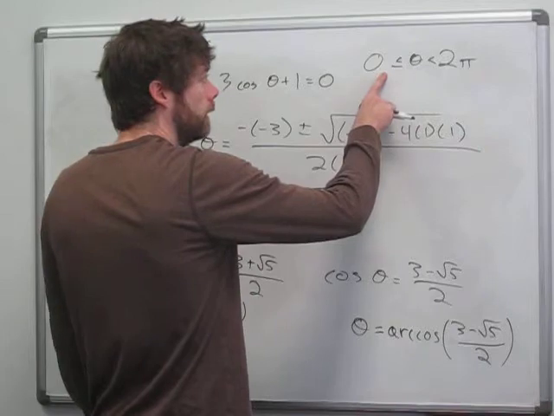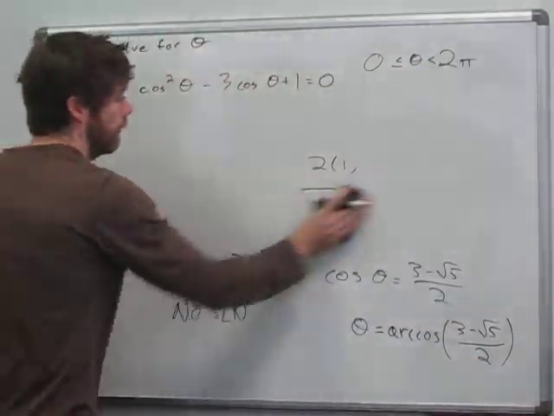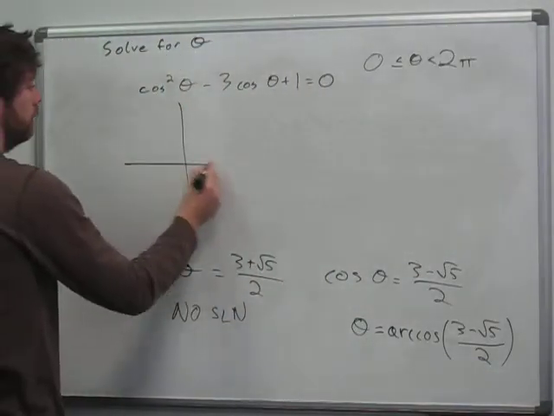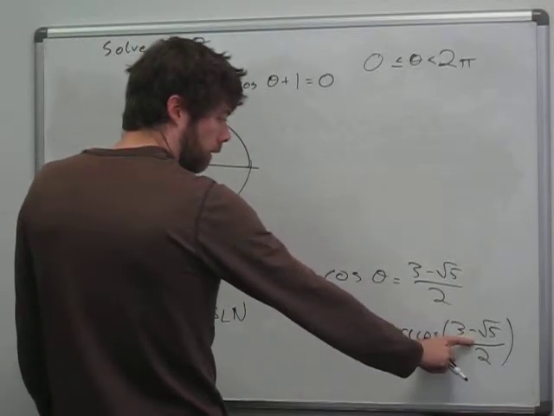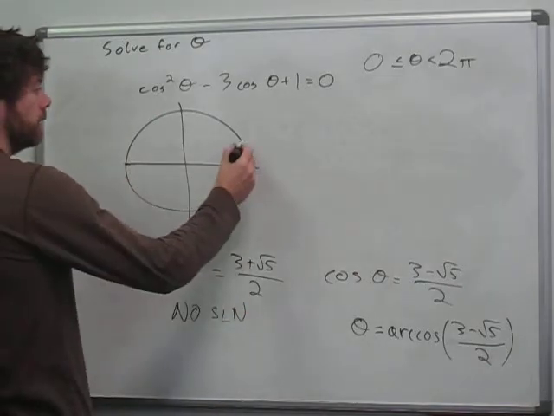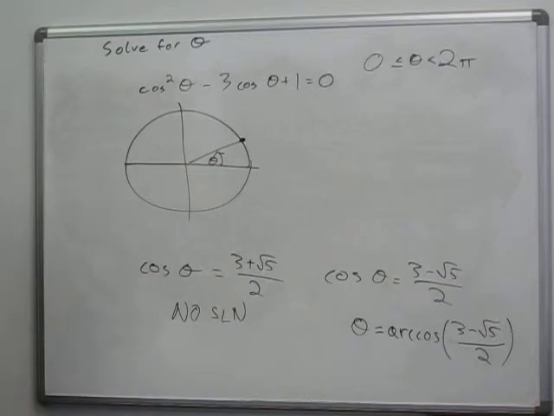We want them starting at 0 and getting up to 2 pi. Three minus radical 5 over 2 is some positive number. So arc cosine is spitting out an angle in quadrant 1.